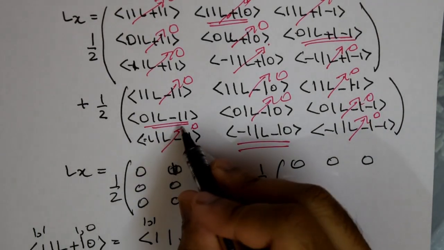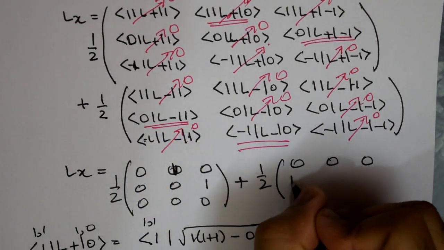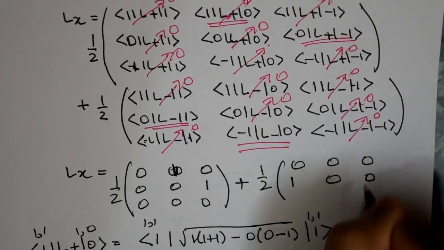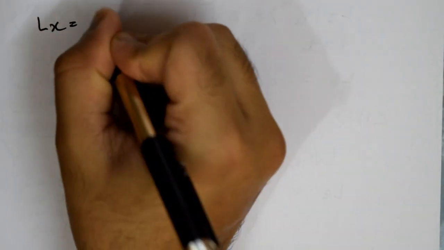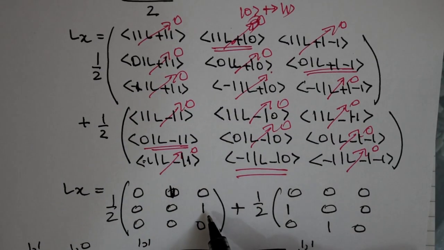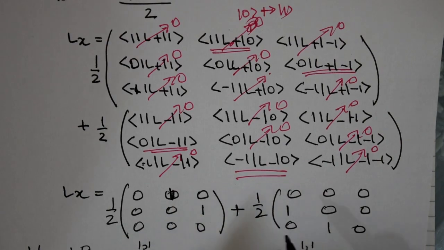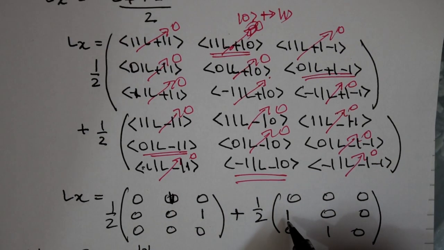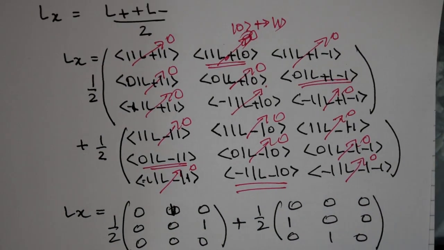L minus will also result in a 1 here, 0, 0, 0, 1, 0. So therefore what we can actually write Lx is going to be half times, you only have elements in the 1 2, 1 2, 2 3 because of L plus, and then 2 1, 3 2, right?